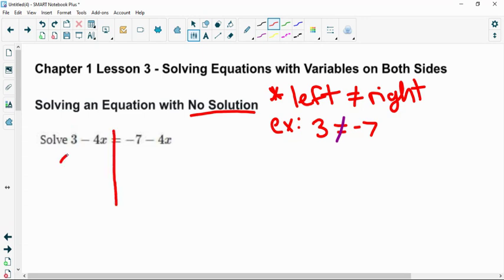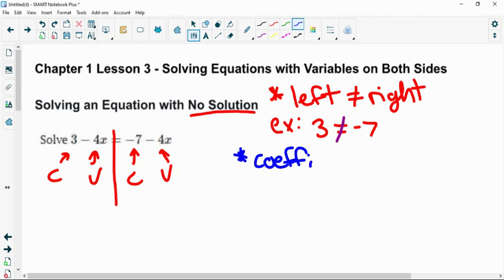On the left, I have a constant and a variable. And on the right, I have a constant and a variable. Here's something to notice. The coefficient on the variable terms are exactly the same. They both say negative 4x.